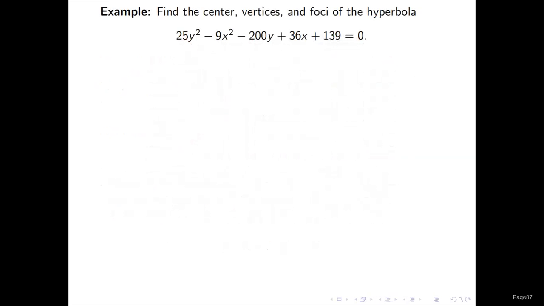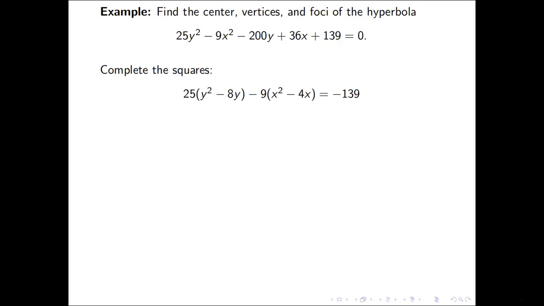Let's just have this example where we are supposed to find the center, vertices, and foci of the hyperbola, but we will just do away with finding the vertices and foci, and just find the center, because once we have the equation in standard form, then we also have the center. And this is the general form of the equation of the hyperbola. So we have to convert it to standard form by completing the squares.